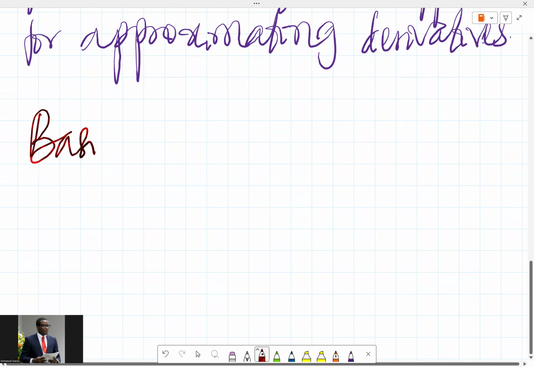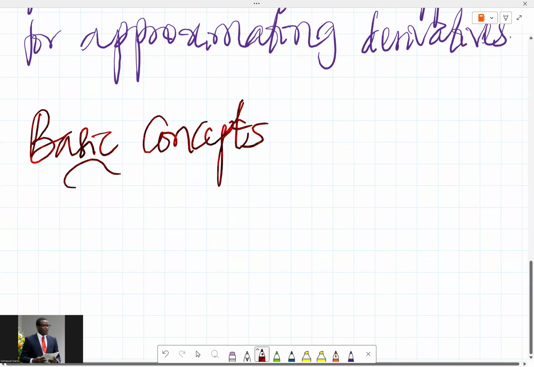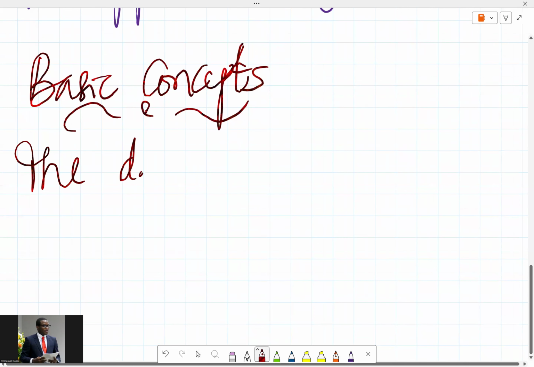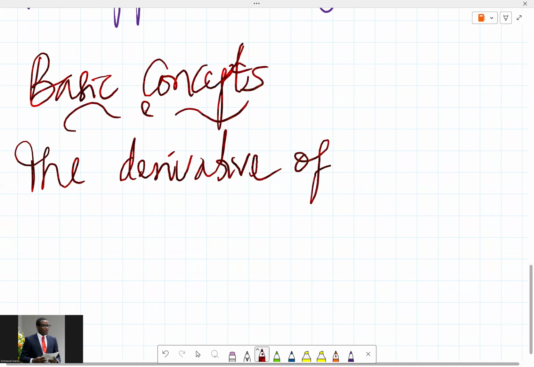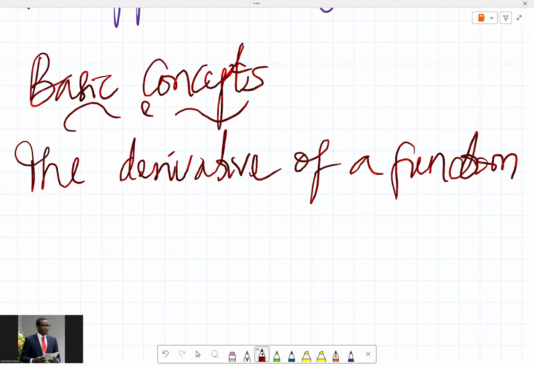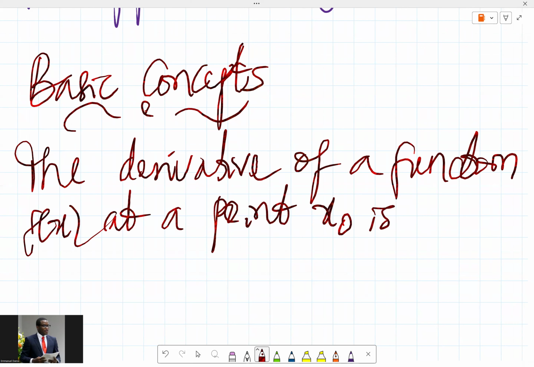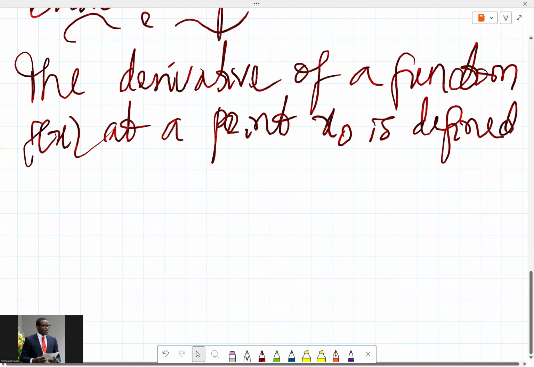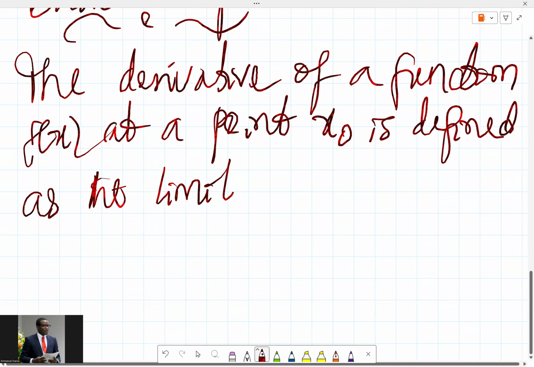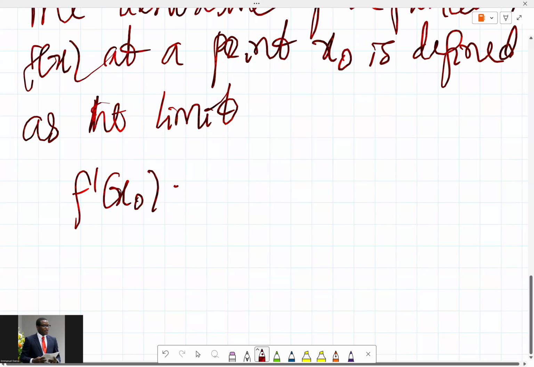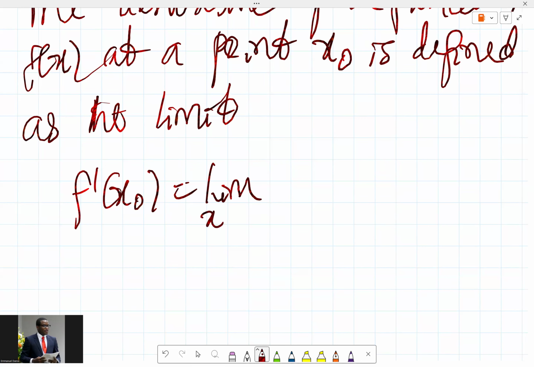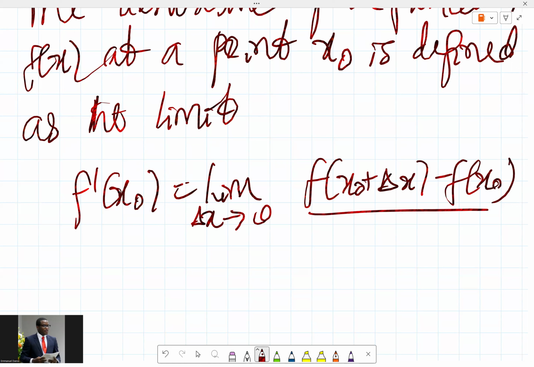Basic concepts. So the derivative of a function f of x at a point x naught is defined as the limit: f prime of x naught equals the limit as delta x approaches 0 of f of x naught plus delta x minus f of x naught, all divided by delta x.